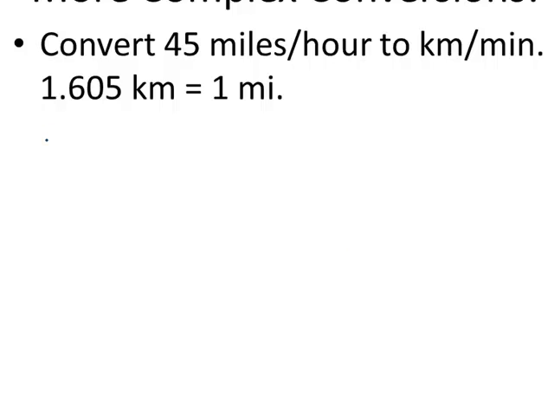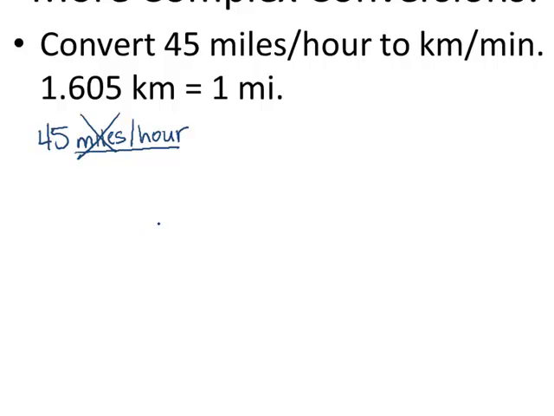You may be tempted to write 45 miles per hour the same way it's written here, which is miles/hours. The difficulty with that is now my numerator and my denominator look like they're on one line, so that's hard to work with.